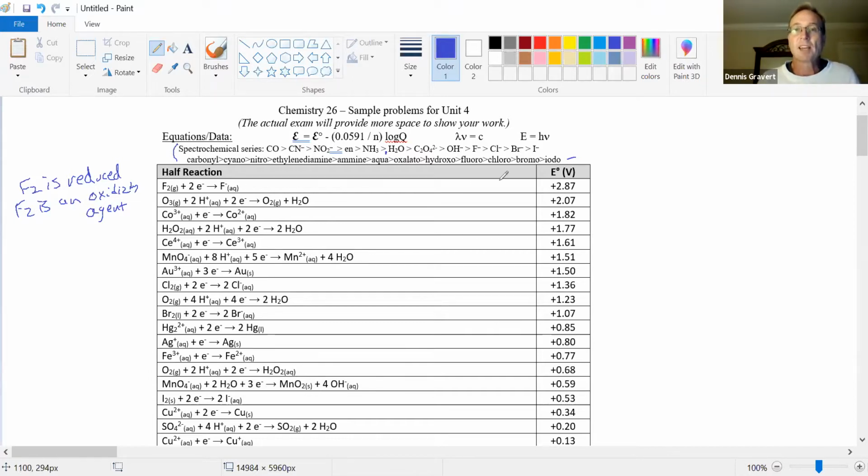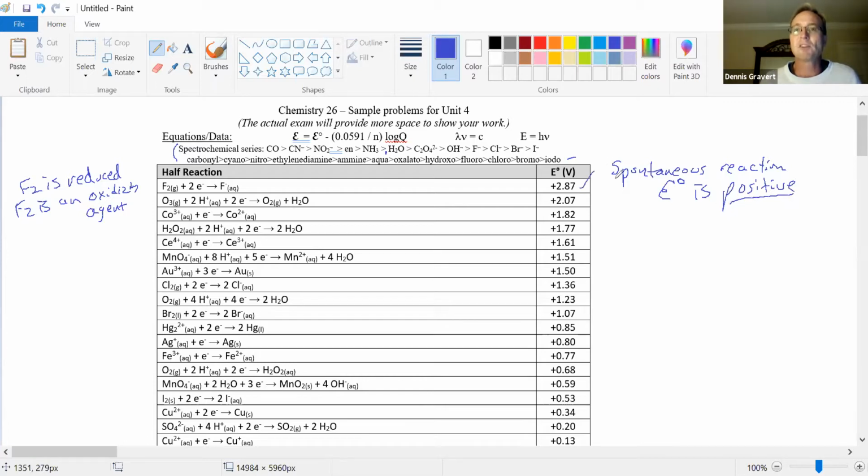Second idea is remember that spontaneous reactions, well, there's a couple of things to remember. One is your delta G should be negative, but we don't have delta G here. We have the standard potential. And so for spontaneous reactions, check and see if the electric potential is positive.